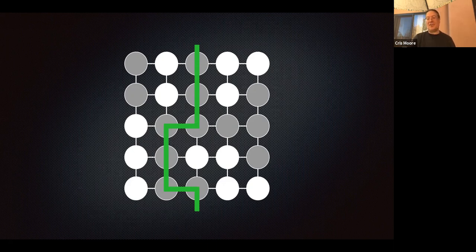Now, physicists like to do numerical experiments, and among other things, to try to estimate numerically the critical density of sites at which there is typically, with high probability, a path from top to bottom in the limit of large lattice sizes.